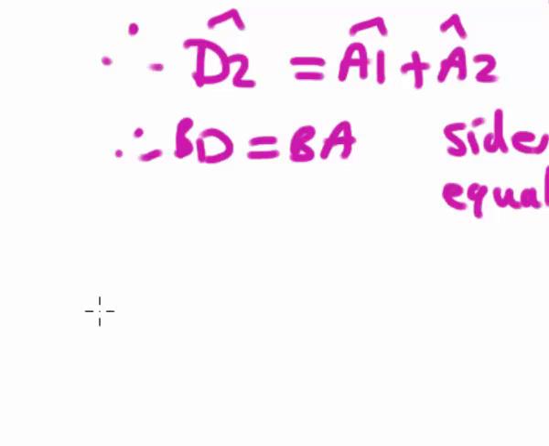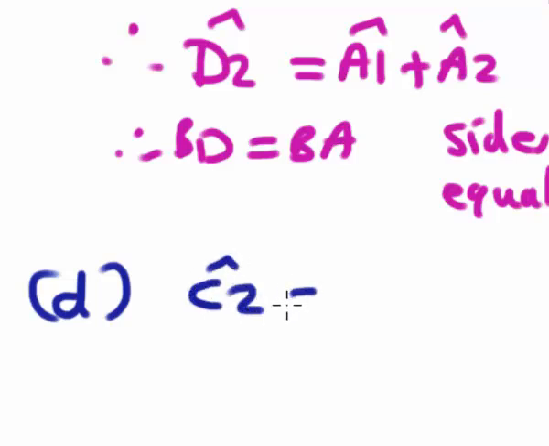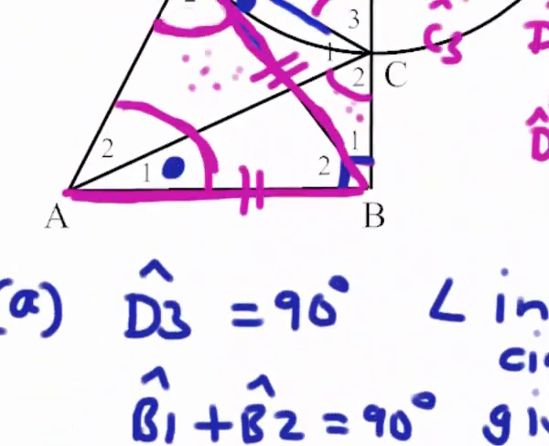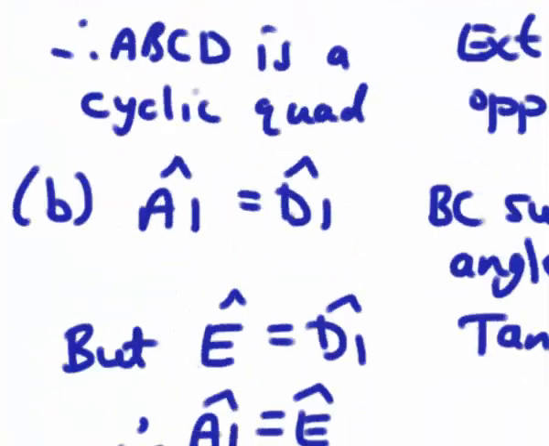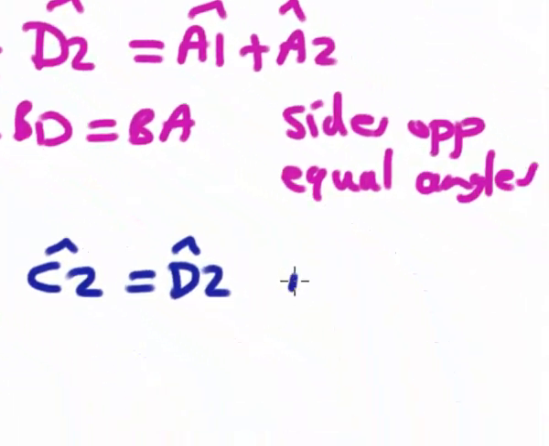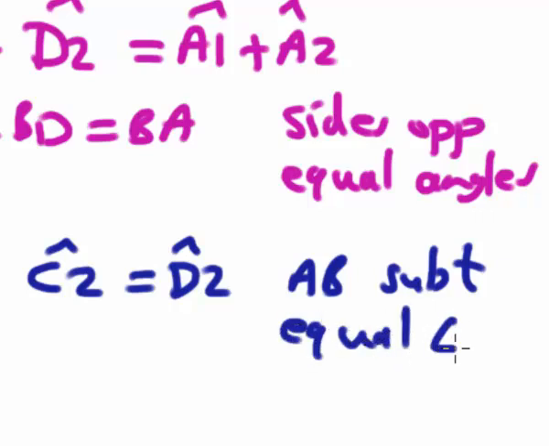Number D. So what do we know? We can say that C2 is equal to D2. Now, what's the reason for C2 being equal to D2? C2 is D2 because AB subtends equal angles. So there we go, AB subtends equal angles.